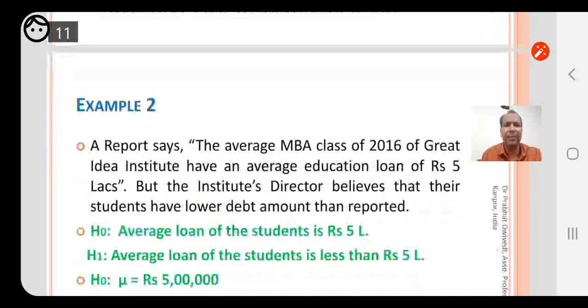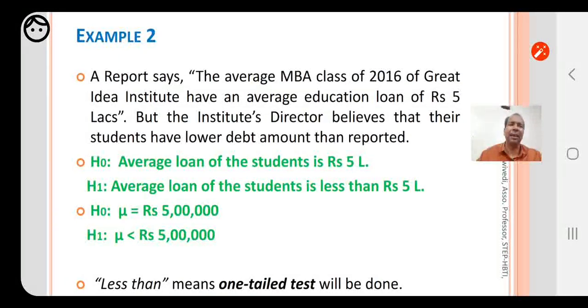Another example is, say a report says the average MBA class of 2016 of Great Idea Institute has an average education loan of rupees 5 lakhs. This is what a report says. Whereas the institute's director believes that their students have a lower debt amount than reported.